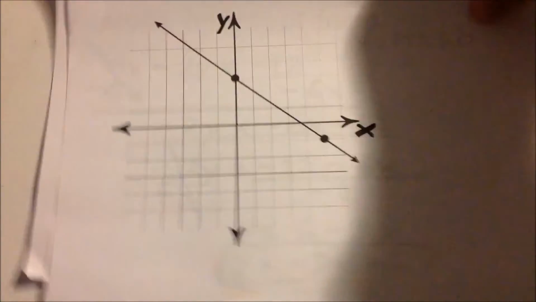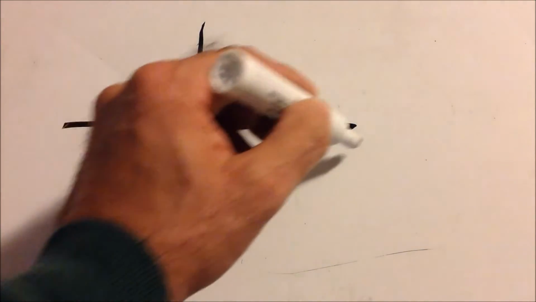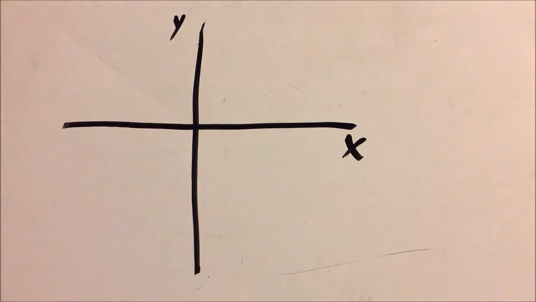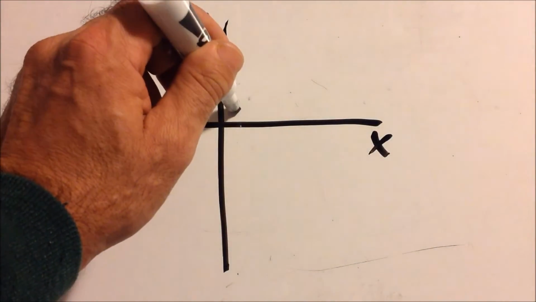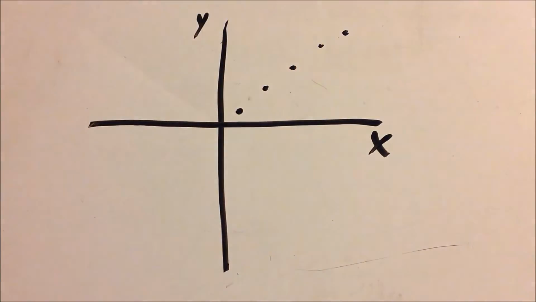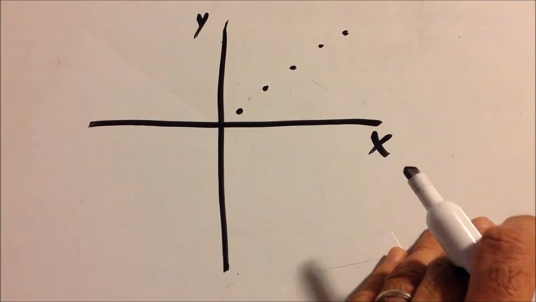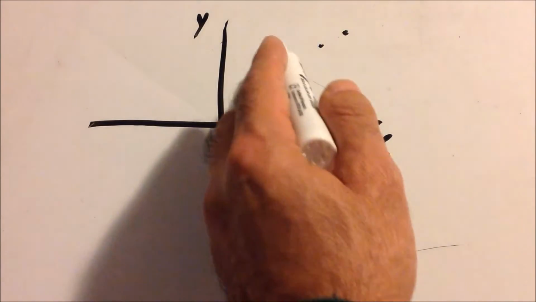So let me draw a discrete function. If we had, draw a graph here, there's our x, there's our y, bring that over. So with a discrete function, it's not a solid line, you have dotted lines like that. And it could be in any direction. So with discrete, not every value of the x is included in the line.